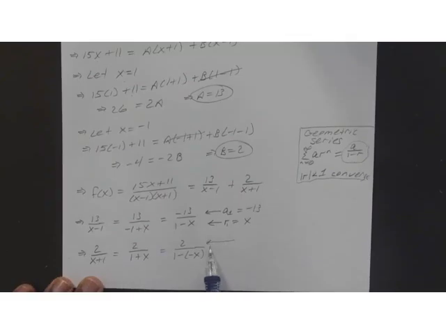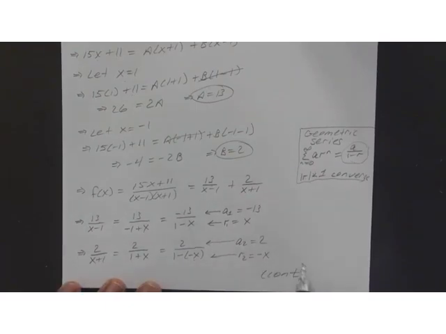So we can see here, we'll call this our a number 2 is equal to 2. Now r number 2 is equal to negative x. And we'll finish it up on the next page.